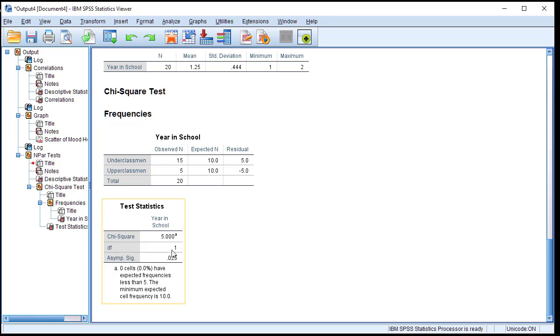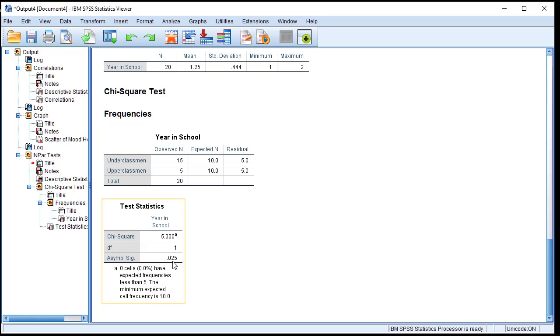We have 1 degree of freedom because it's the number of groups minus 1. Our asymptotic significance, which is what we use for our significance, and when you see the graph that tells you what the chi-square looks like, you'll understand why it's asymptotic. Well, if you have an understanding of asymptotes. It's okay if you don't.